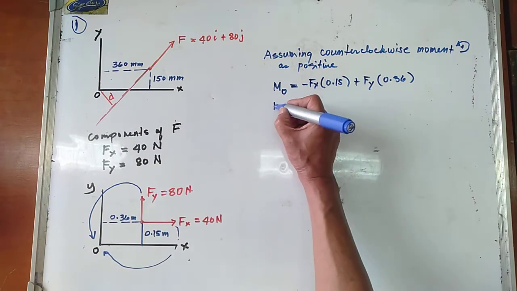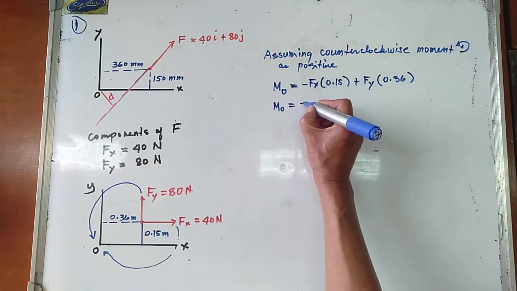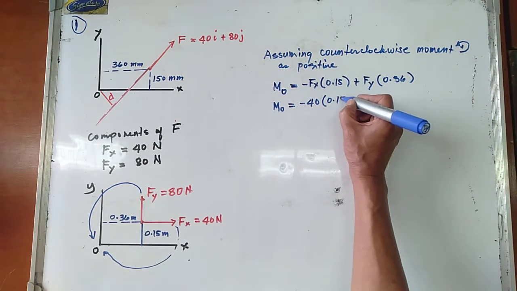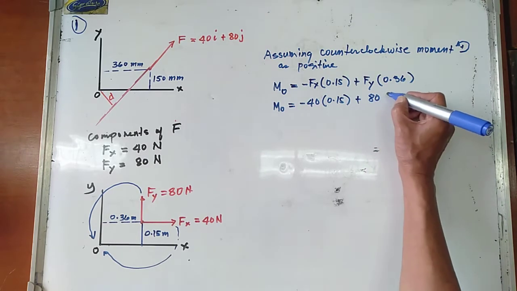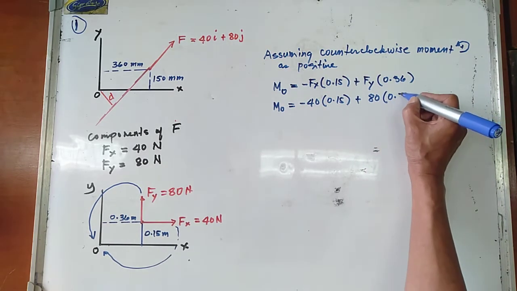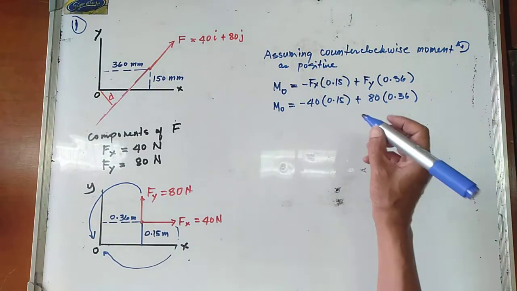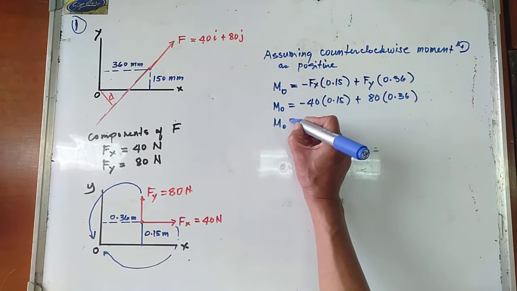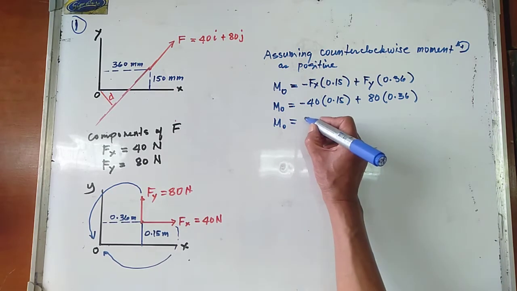Hence, the moment of this force is equal to negative 40 multiplied by 0.15 plus 80 multiplied by 0.36.